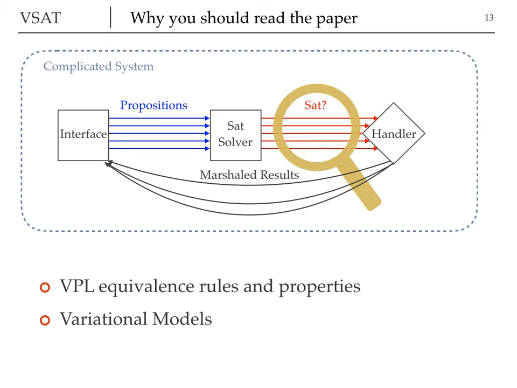I didn't cover variational models, and I didn't cover overhead. So if you're interested in this, I would ask you to read the paper or get into contact if you have any questions, because I think these things are quite interesting, and particularly I think variational models is a good contribution. The equivalency rules are important because from our second research question, we know that improving the plain ratio, or the number of plain terms in a formula, is important. And the equivalency rules for the logic allow us to do that by moving around choices.